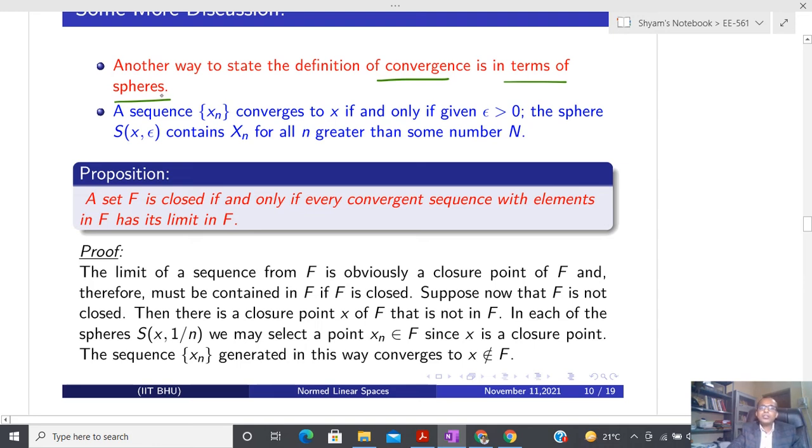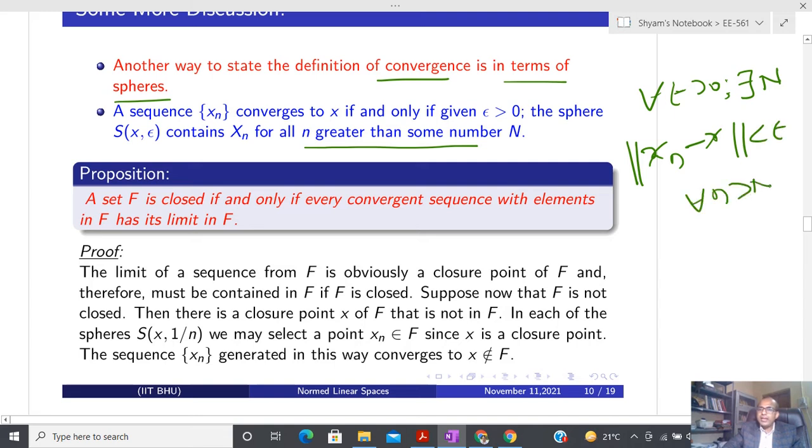A sequence xn converges to x if and only if, given epsilon, the sphere contains xn for all n greater than or equal to some number N. For every epsilon greater than 0, there exists some natural number N such that if I am able to prove that the distance between these two is less than epsilon for all n greater than or equal to N, then x is the limit, that is, xn is a sequence, so xn has a limit x.